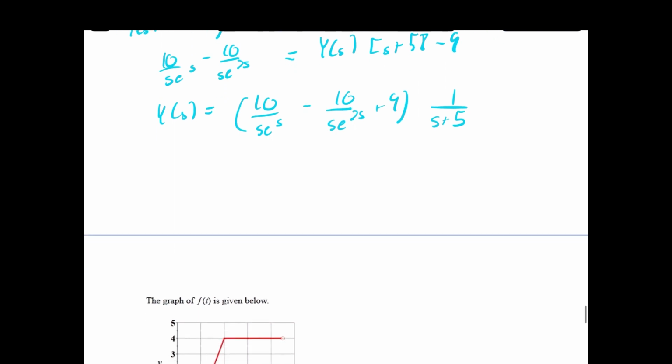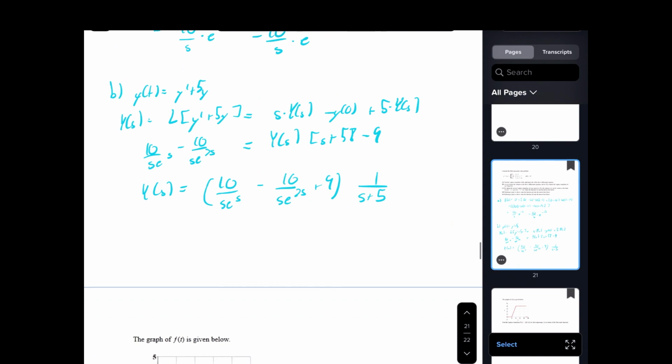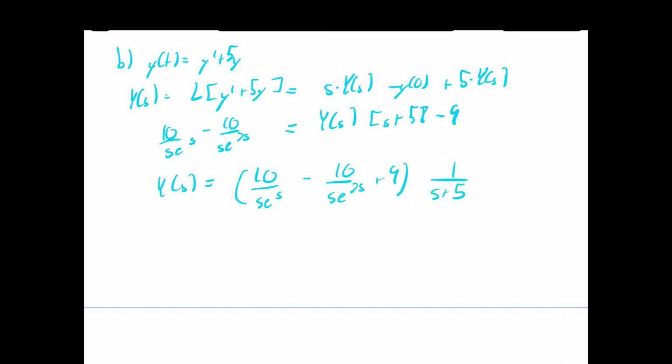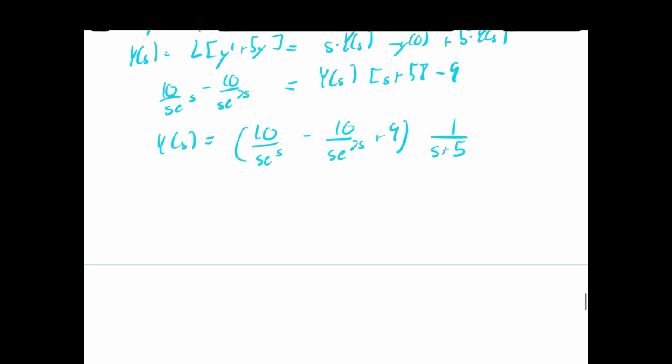So if I want the inverse of this, I'd probably expand it first: 10 e^(-s) over s plus 5, minus 10 e^(-7s), sorry, it's not negative 2, negative 7s, over s plus 5, plus 9 over s plus 5.